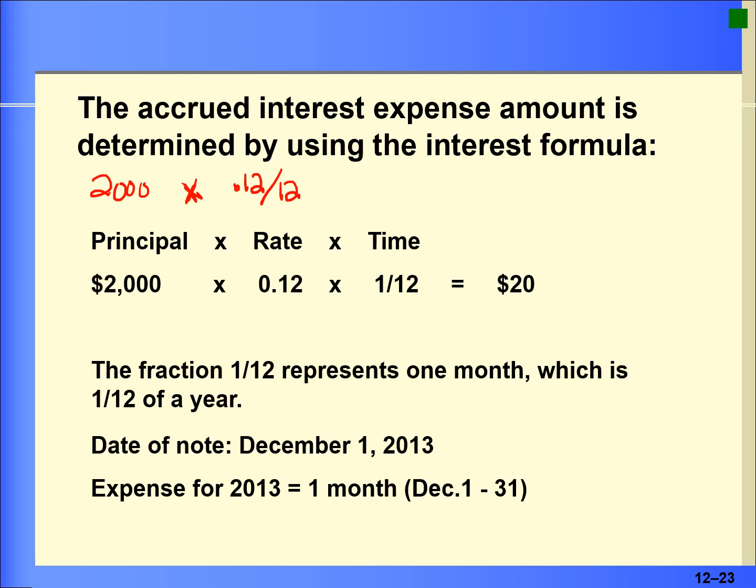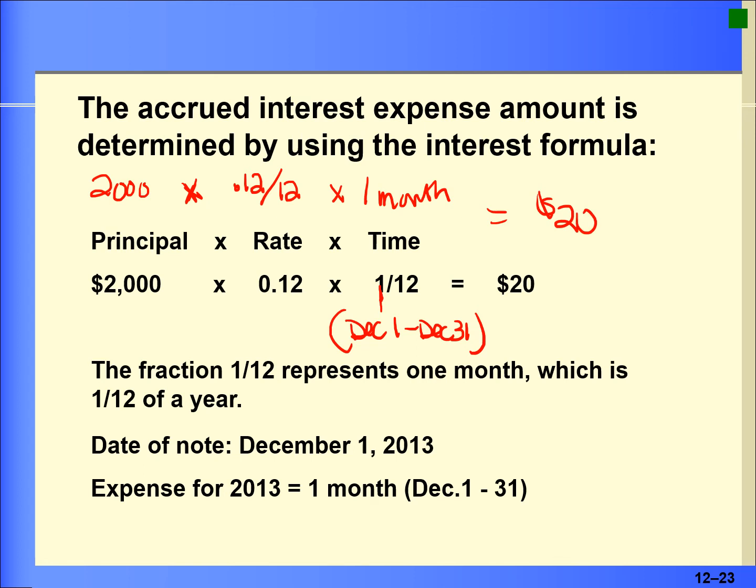And so 0.12 divided by 12 obviously is 1%. And then I'm going to multiply that by 1 month, because our time period here is December 1st through December 31st. That's how they get this 1 month. And that's going to give me $20 of interest that I owe after 1 month.